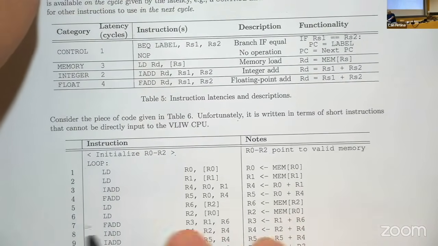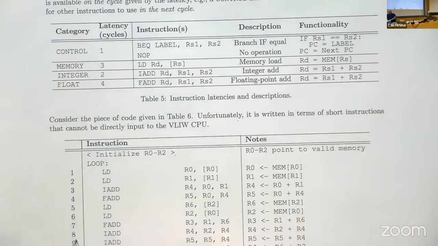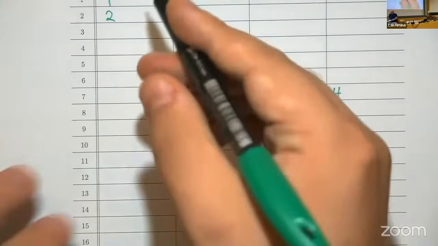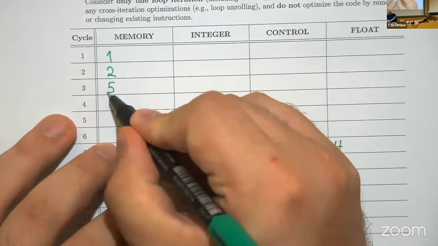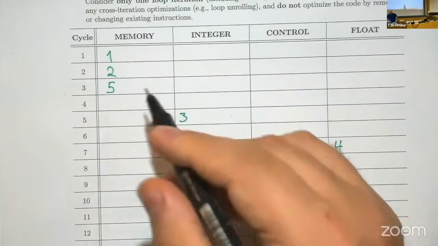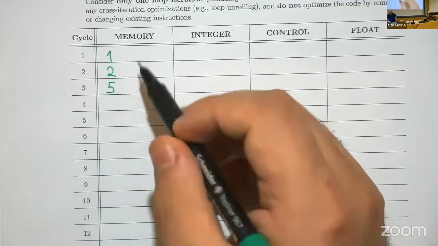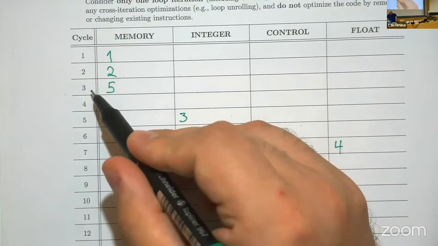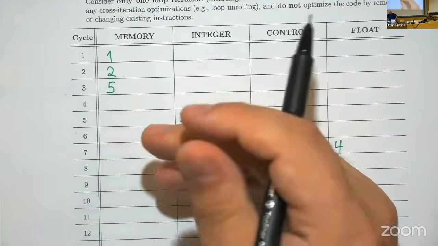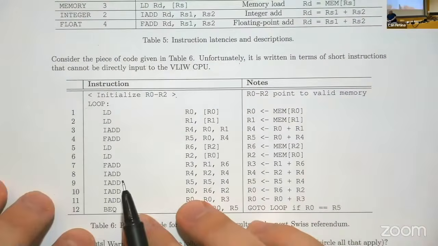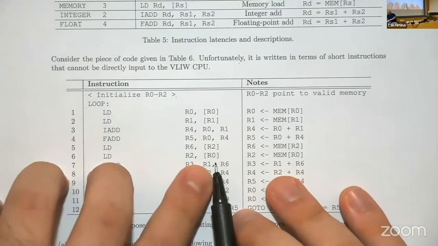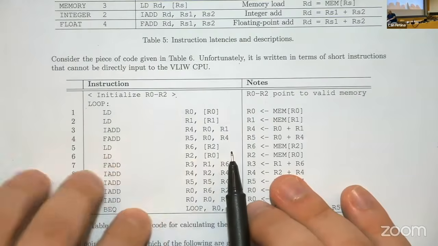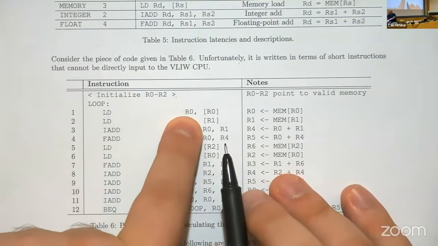So we want to schedule instructions 5 and 6. As I said, for the first one, not a problem. We can just schedule as soon as possible, right? The earliest slot that is available in the memory column is this cycle here. And then for instruction 6, we want the value of R0 to be the value that we load in the first cycle.